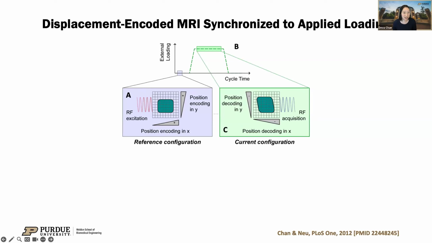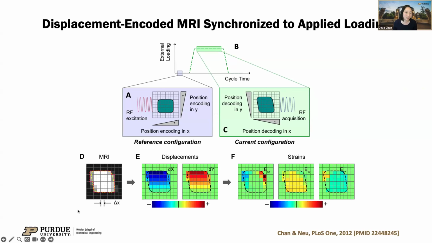In our case, we use a technique called displacement encoded MRI in order to measure this. And what that means is that we actually manipulate the MRI physics in order to be able to encode the position of a new pixel location, right? So for example, this pixel on the bottom right here moves to a different location, and because it moves to a different location, it sends out a different signal altogether, not just in the magnitude, but in the phase component of the data.